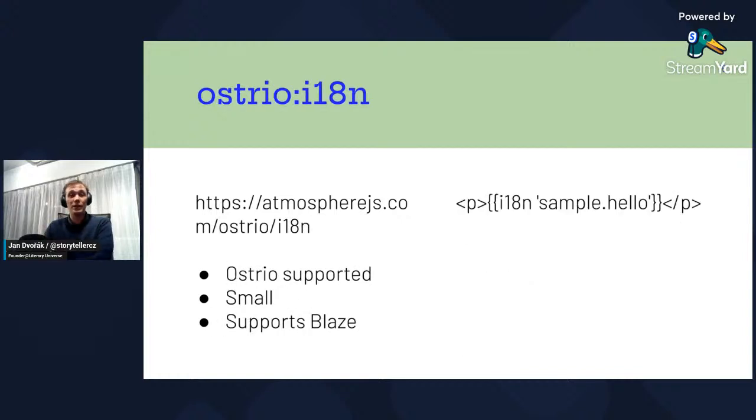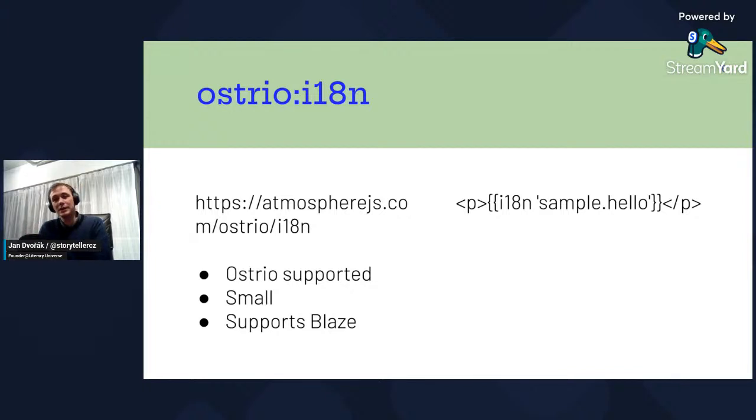And finally, we have Ostrio i18n, which is supported by Ostrio. It's very small, also supports Blaze, and is very straightforward. Pretty much very similar to the previous two in the syntax.